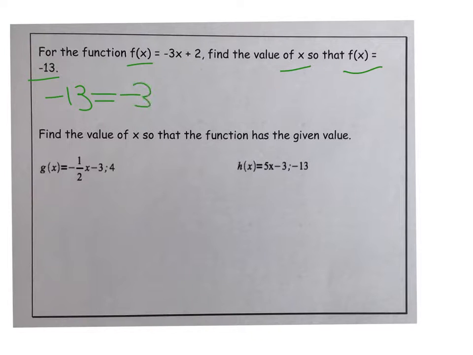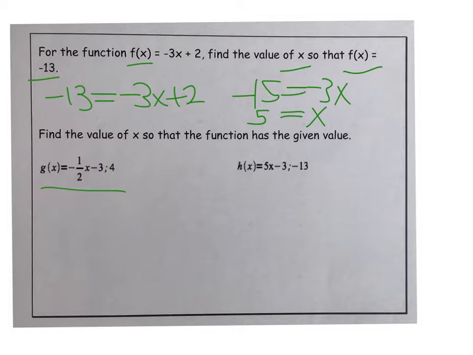Now I'm going to solve for x. Subtract 2 from both sides, and negative 15 is equal to negative 3x. So x is going to equal 5. The answer is x is equal to 5. When x is equal to 5, the value of the function is negative 13.